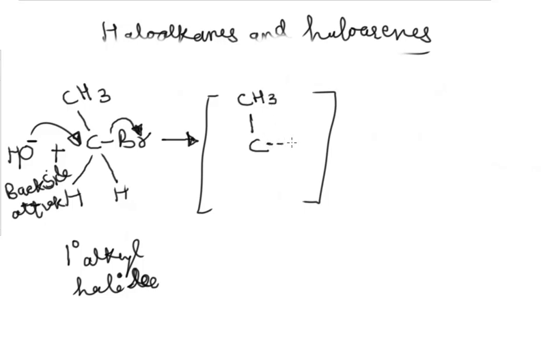Now this bond between the carbon and the bromide is breaking, so the bromine acquires a partial negative charge because its electronegativity is very high in comparison to the carbon, and this OH part attacks this one. This is the backside attack, this is attached to this one. Now the position of this hydrogen is the same and this hydrogen is also the same, and this is known as the transition state.